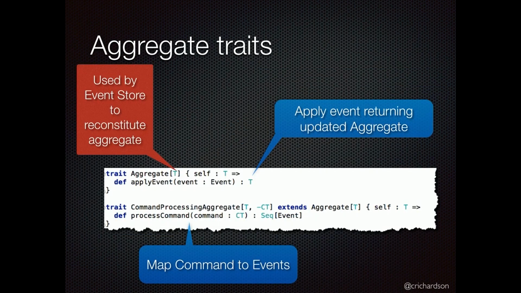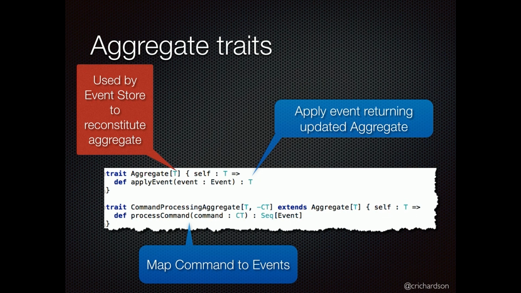So the actual underlying framework defines a couple of base interfaces, and the framework's written in Scala, but I think even if you're not familiar with Scala, they look very similar to Java interfaces. There's an aggregate trait that encapsulates the mechanism for applying an event. So there's an apply event method that takes an event and gives you back an updated aggregate.